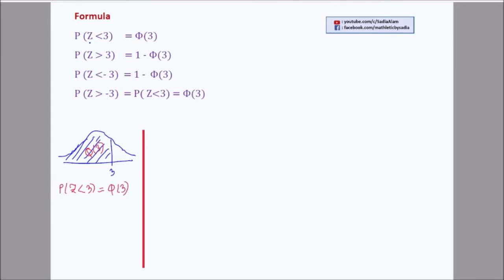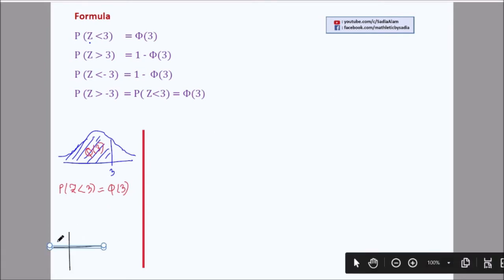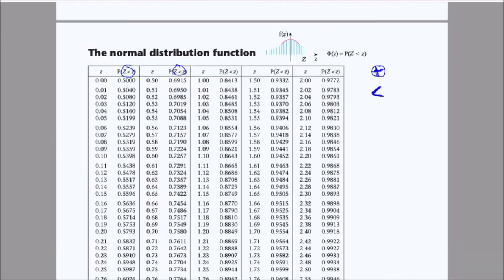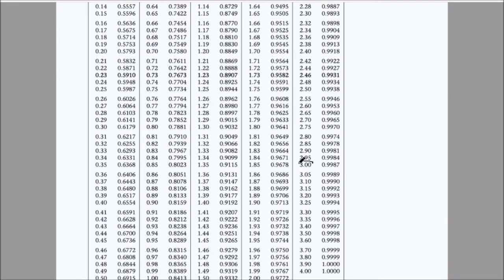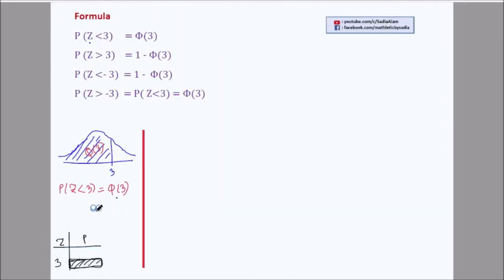And we can find the value from the table: where z is 3, you just pick that probability. That's actually phi of 3. So if we go to the table and find z equals 3, the probability is 0.9987. So the answer will be 0.9987.